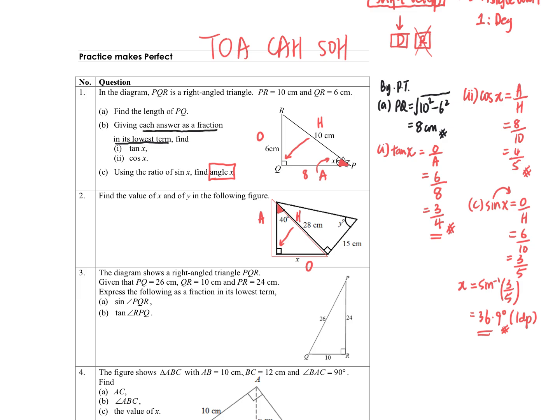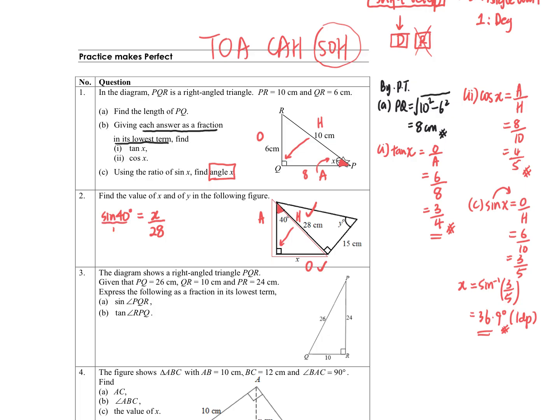So in order to solve for X, I want to find O, I have H. Which ratio should I use? Sine, because it's O and H. So sine of the angle, sine is always attached to the angle, is equal to the ratio O over H. Then the rest is algebra solving.